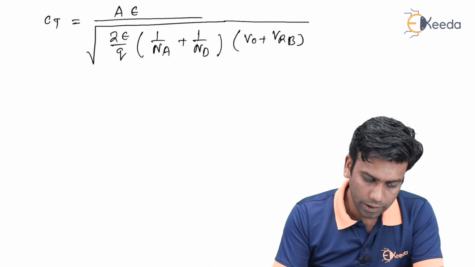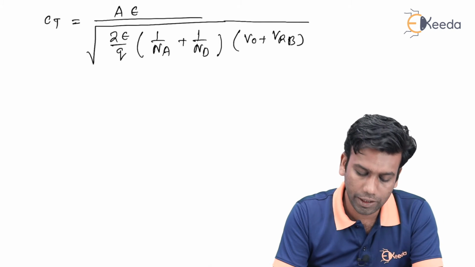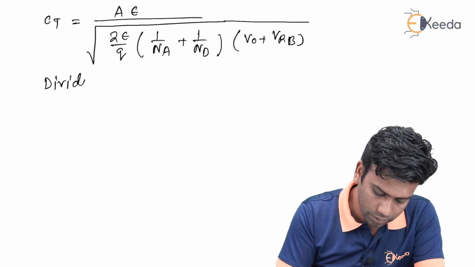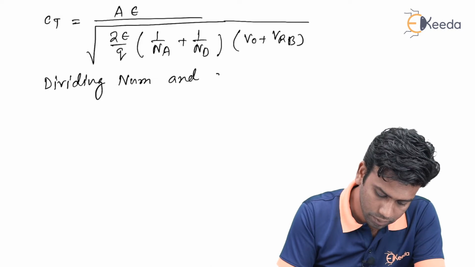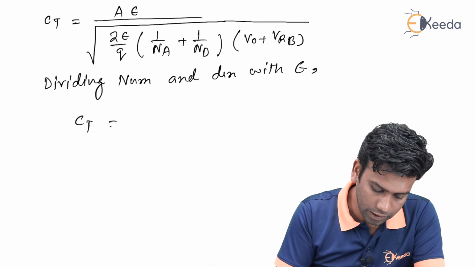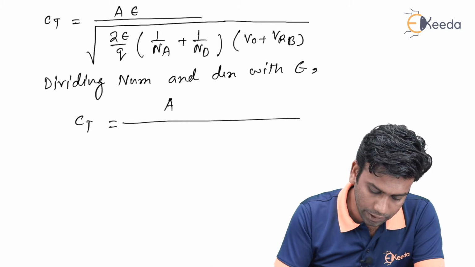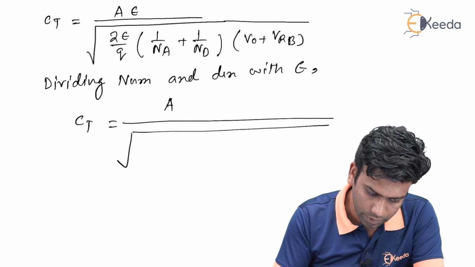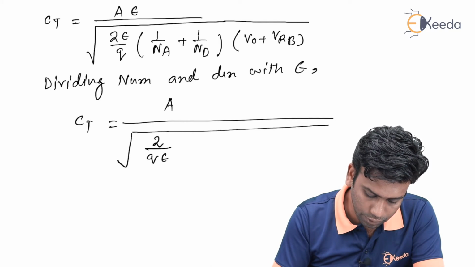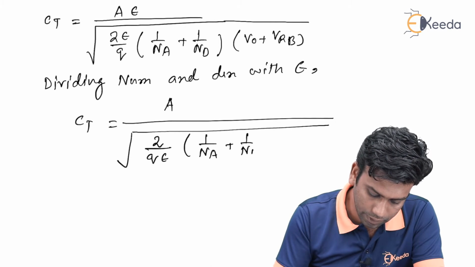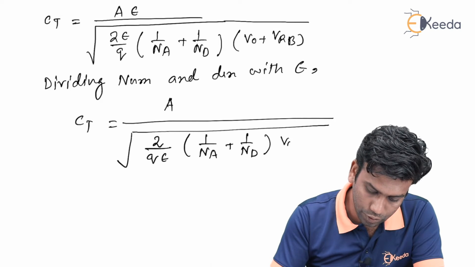In this equation, if we divide the denominator and the numerator by epsilon, then we will get CT is equal to A by root over 2 by q epsilon, 1 by NA plus 1 by ND, into V0 plus VRB.